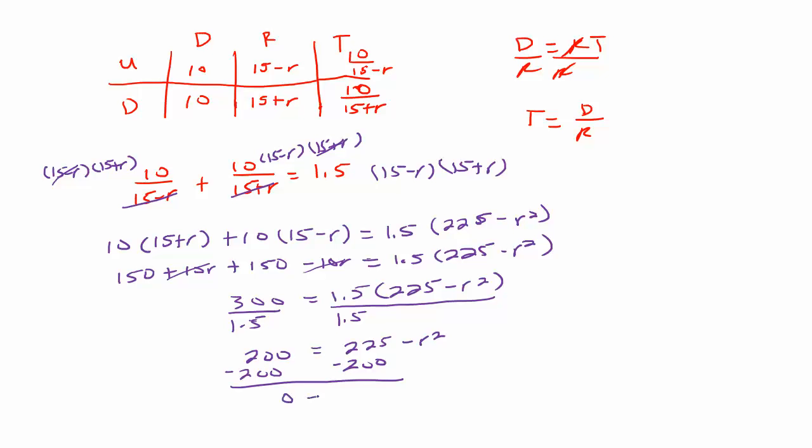So now we have 0 equals 25 minus r squared. Now I like to have a negative on my regular number in this situation so we can use the difference of squares. So we can multiply everything by -1 to change those signs around. And that will give us r squared minus 25 equals 0.